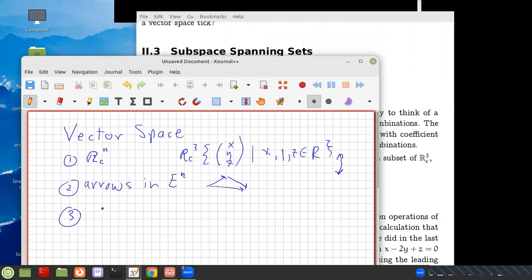Then we have, say, P^n. For example, P2 equals the set of quadratic polynomials. If you compare these two definitions, you can see that a, b, and c here are playing the role of x, y, z here, and that the x here does not play a role like x here.